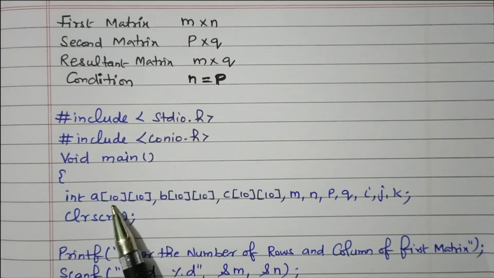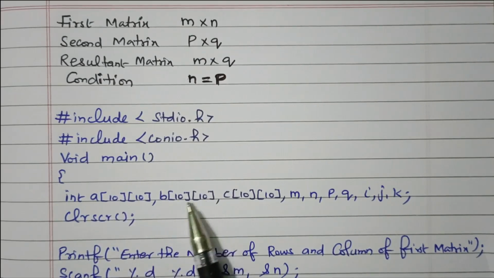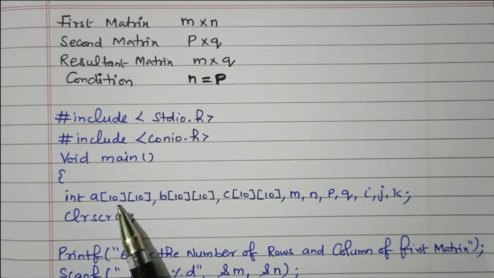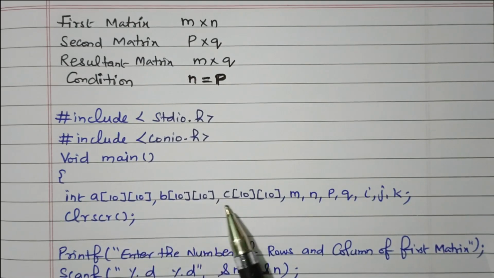Otherwise we can declare A of 2, 3 and B of 3, 2 exactly. But if you declare 10, 10, we can use any dimension according to our requirement. So this is the maximum size: 10 into 10, 100 locations will be allocated. In that we can use whatever we require, that is our choice. Right? So the maximum dimension is declared.